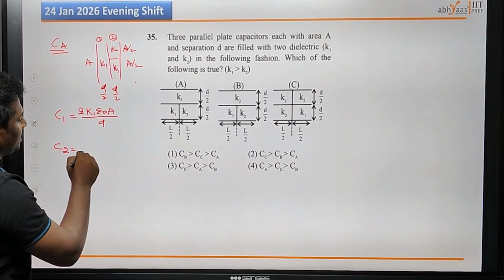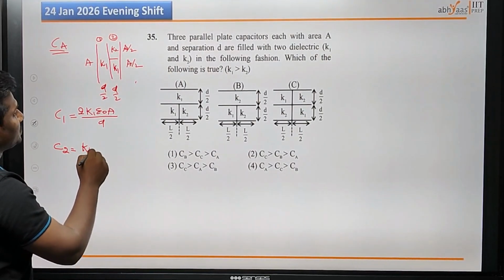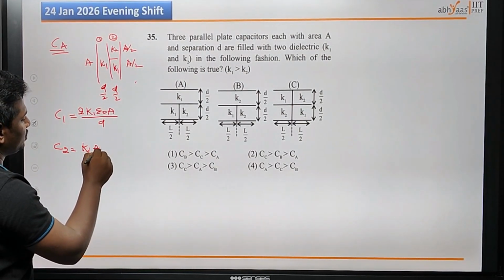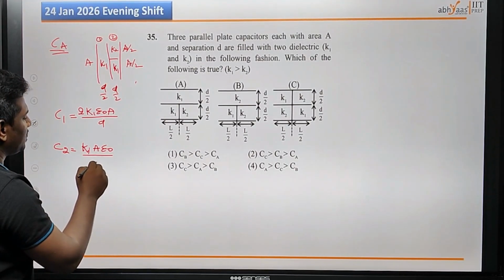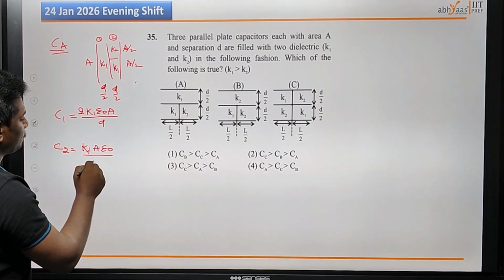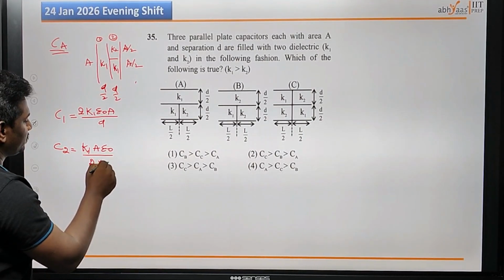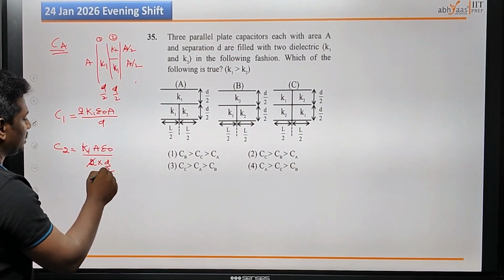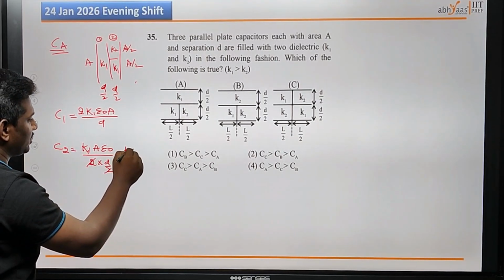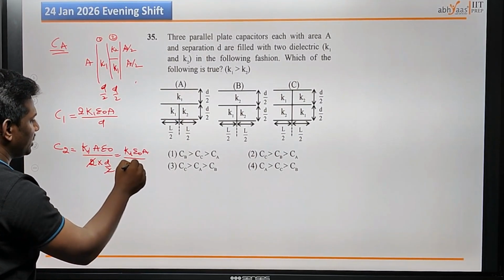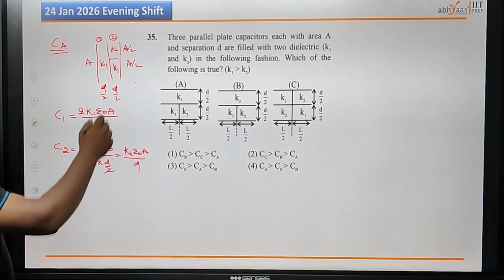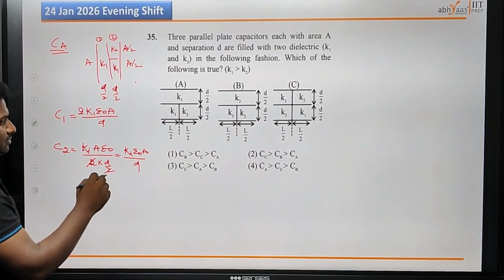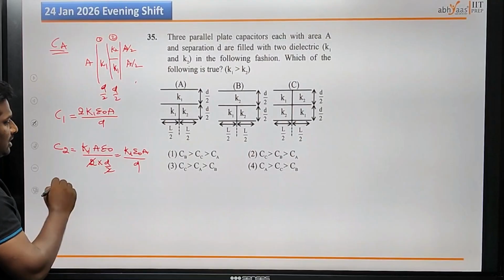See here, K1 epsilon naught A by 2, and D is also D by 2, so A by 2 and D by 2 cancel, giving K1 epsilon naught A by D. Similarly, you will get K2 also.